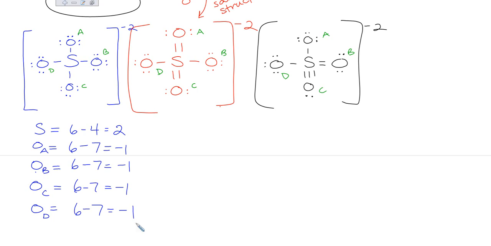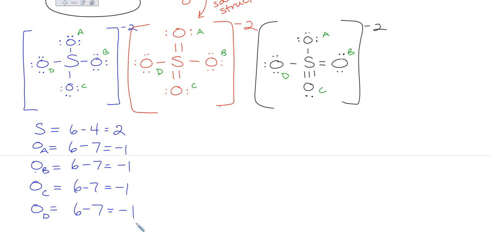Cool. So we got all the formal charges on that first sulfate ion. Now, one of the rules was that if you add up the formal charges, you should get the charge on the structure, which we do. If I add all these up, I get -2. So this is a decent Lewis structure, right?